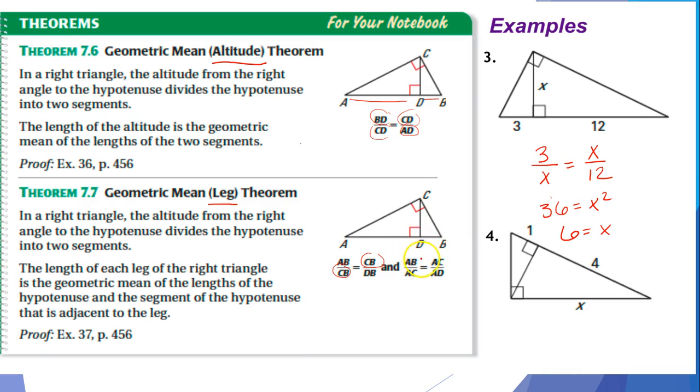And then the other leg theorem, this one is for the shorter leg, finding CB. But if we're wanting to find the longer leg, AC, then this is how we do that.